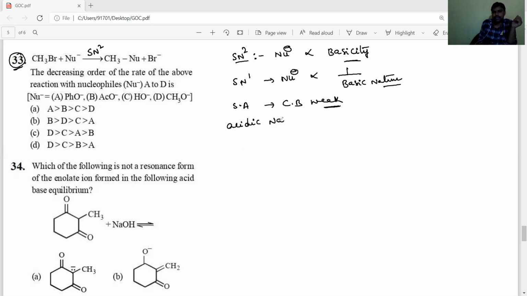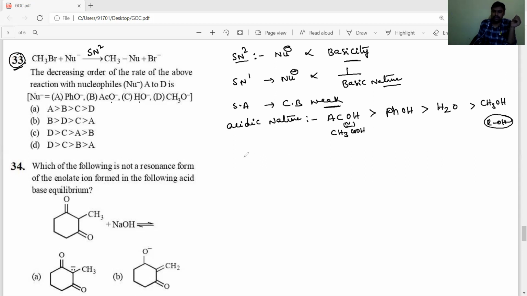The corresponding acids are phenol and acetic acid, CH3COOH. Acetic acid is more acidic than phenol. And then water, and then alcohols. This is methanol, an alcohol.